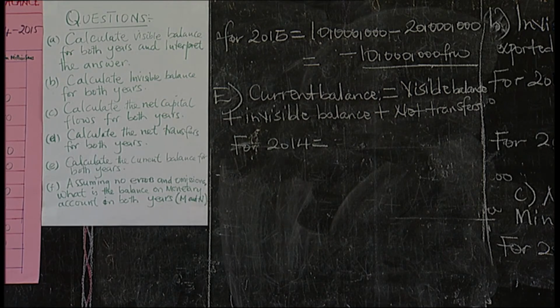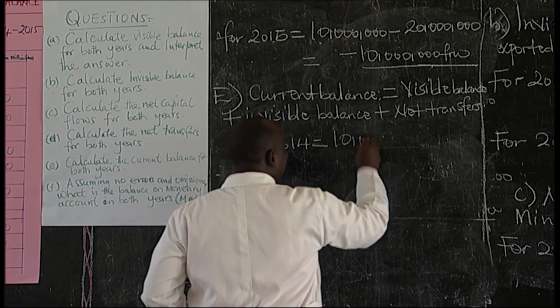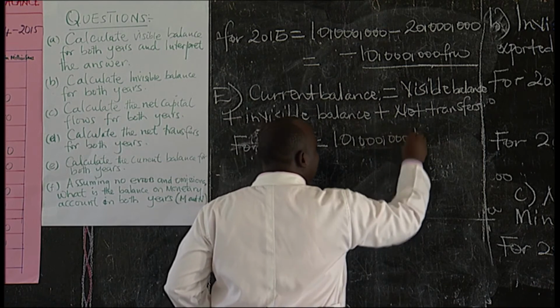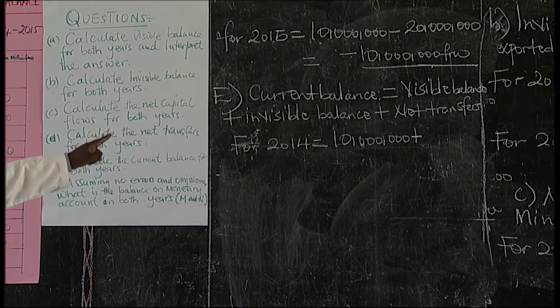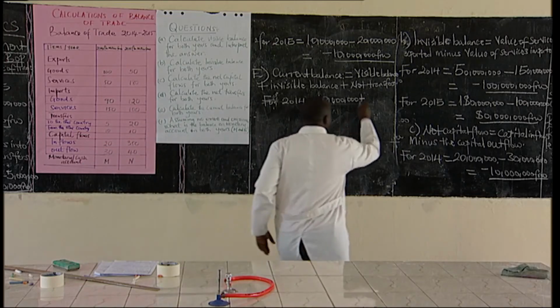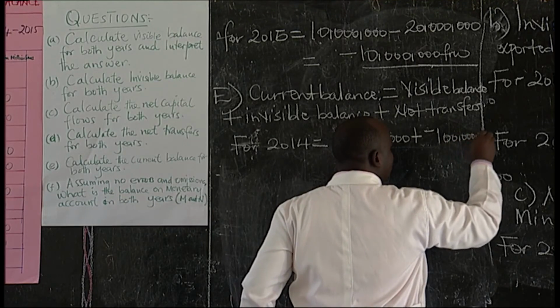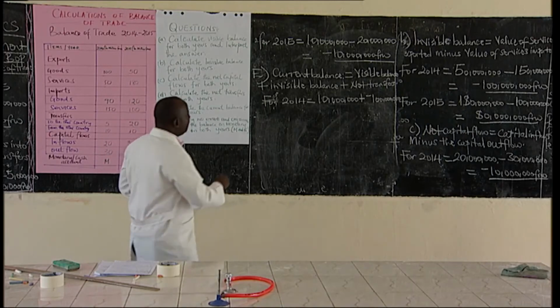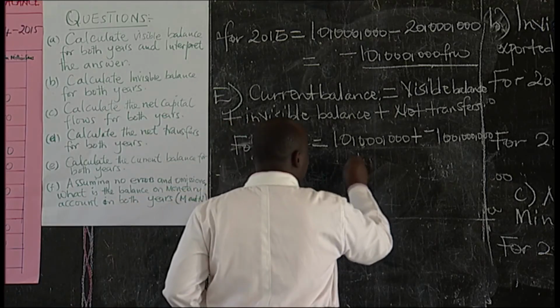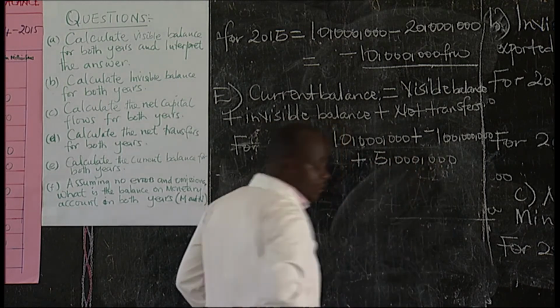For the visible balance in 2014, remember, we got 10 million, plus the invisible balance in 2014, which was negative 100 million, plus the net transfers, which was plus 5 million.